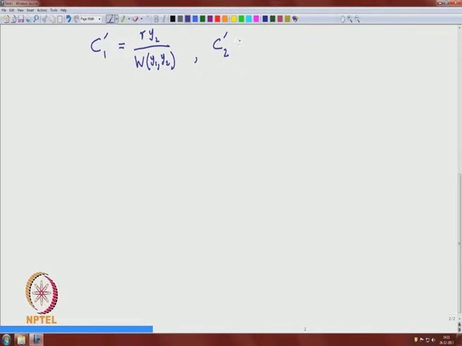If there are any mistakes, do the computation and check. I think the computation is correct, but you can compute it and check for any errors. And so, you get C 1 prime and C 2 prime, and integrate to get C 1 and C 2.